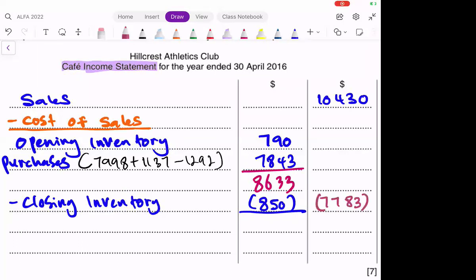Put it in a bracket. 10430 minus 7783, we get positive 2647. Positive 2647 is your profit on cafe, or profit from cafe.